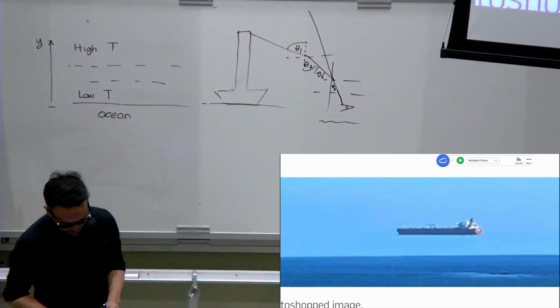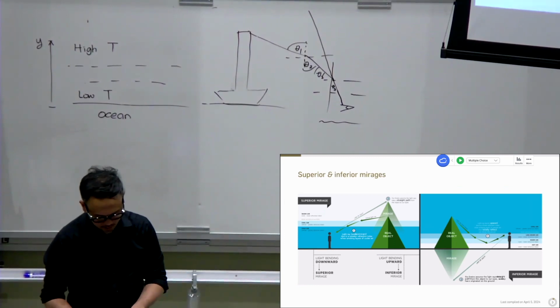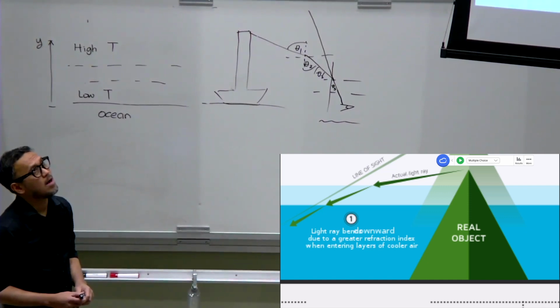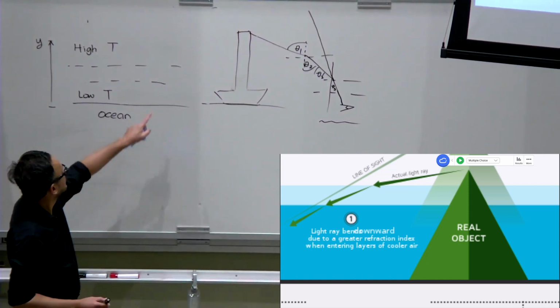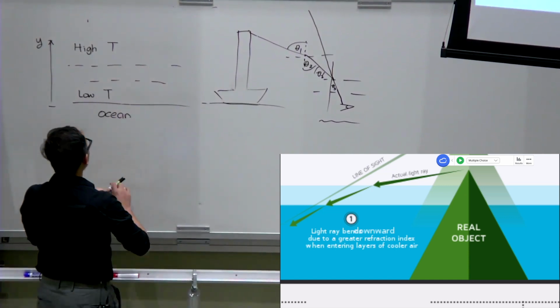Good. So that's the superior image. Basically, it looks like this. This should be high N, this should be low N. Okay, good.